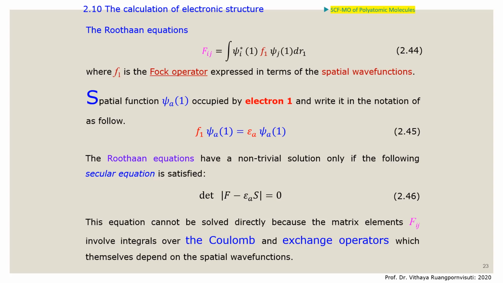The spatial function psi a occupied by electron 1, we write in the notation as follows, as shown in equation 2.45.